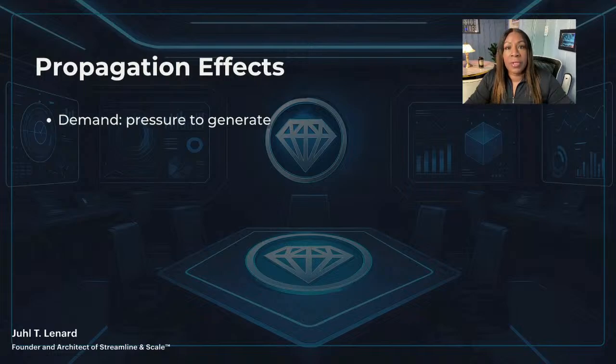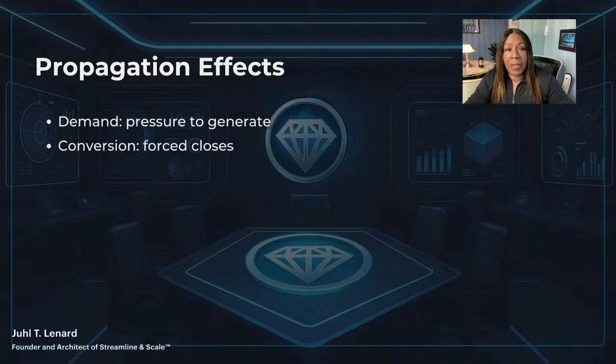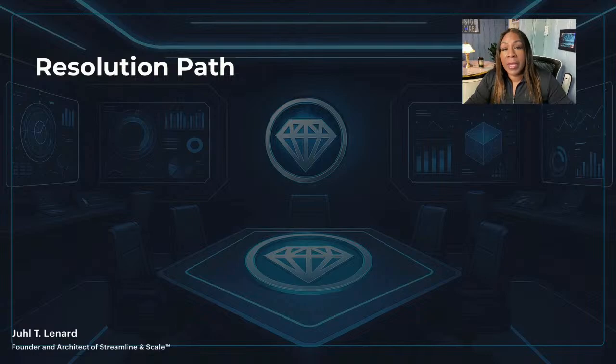We need more revenue to keep people busy and pay the payroll. In conversion, we need to close more. It's forced closes. Like, okay, let's go ahead and close this business so we can get these people busy. And in capacity, you still wind up with underutilized capacity. But still, the primary domain is in capacity.